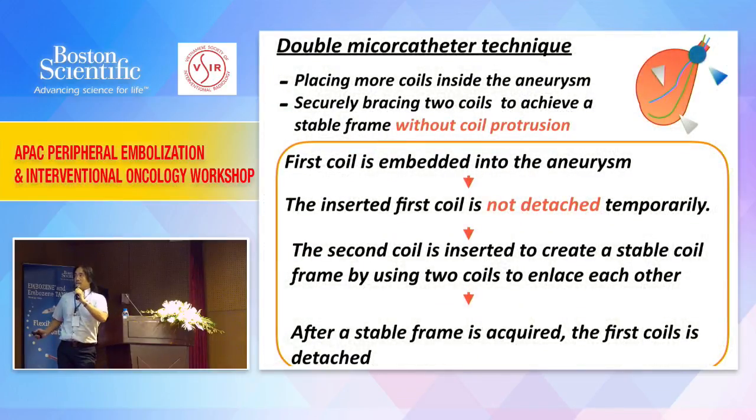Next I'd like to talk about the double microcatheter technique. Of course, the purpose is to place more coils inside the aneurysm. But the more important point is that if we use a double microcatheter technique, we can prevent coil protrusion into the parent artery.